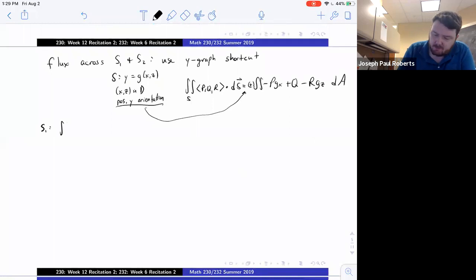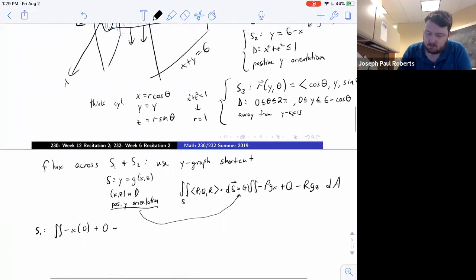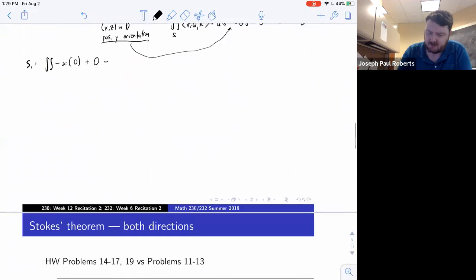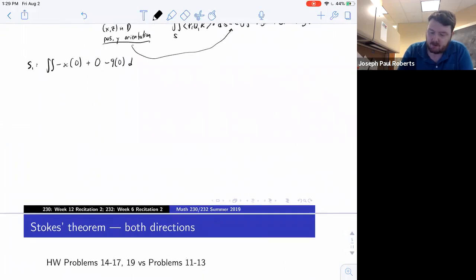So for S1, our formula is going to be minus x times g_x plus y, but y is 0, minus r times 0.